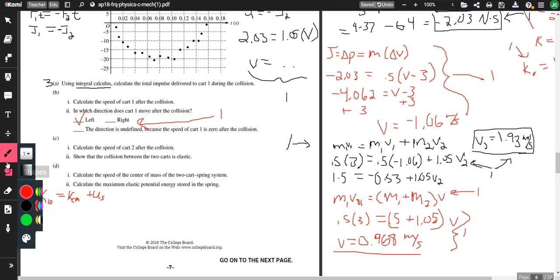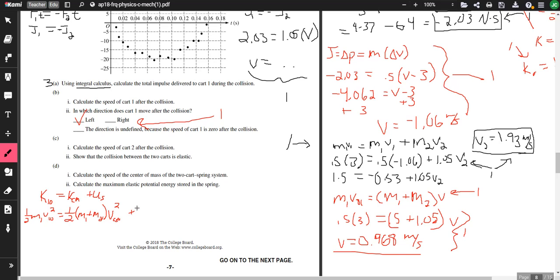If you do this, you would end up getting 1/2 m1 v10 squared equals 1/2 of the total mass m1 plus m2 times vcm squared plus 1/2 kx squared. If I do this, the halves drop out.